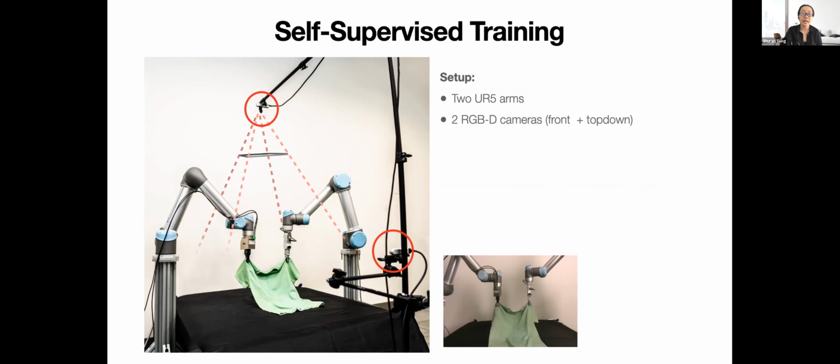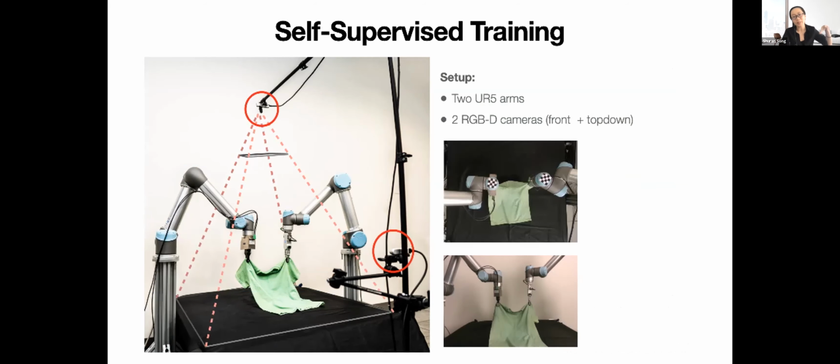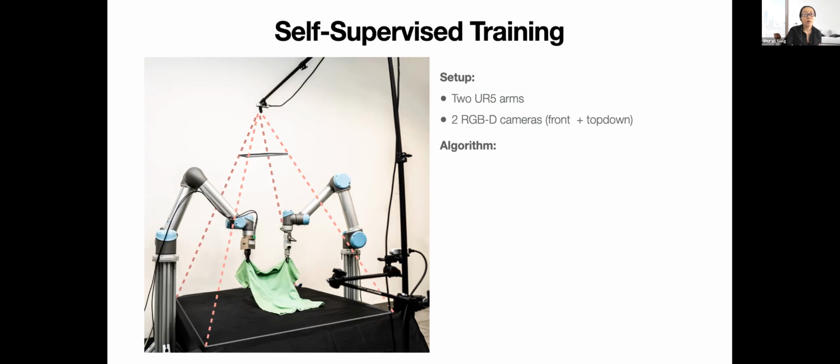The second camera takes a top-down image used for predicting the grasp positions and also evaluating the unfolding progress. The algorithm takes those visual images as input and then outputs the parameters for the Fling primitive, which we'll talk about in a bit.